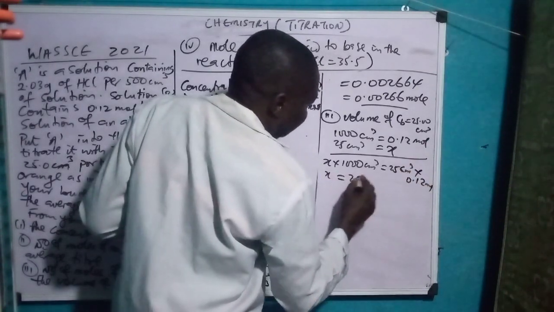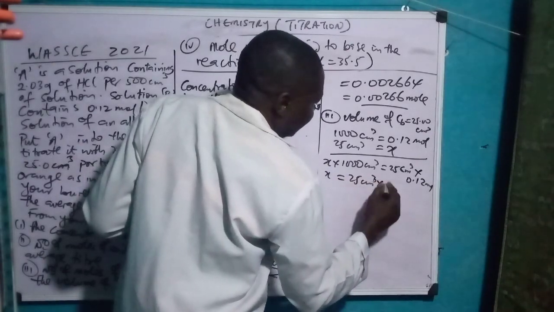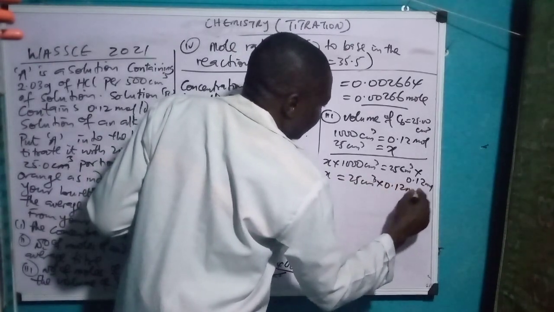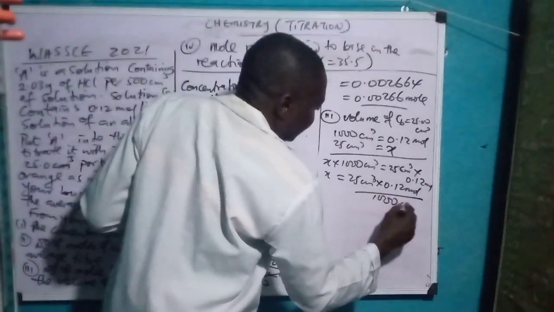S equals 25 cm³ times 0.12 mole over 1000 cm³.